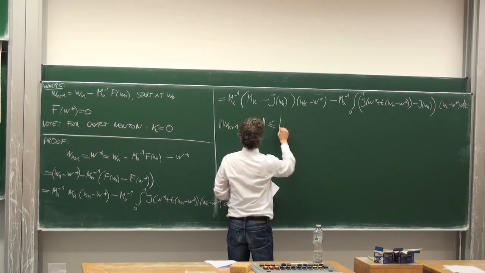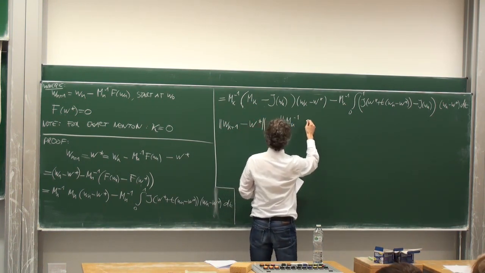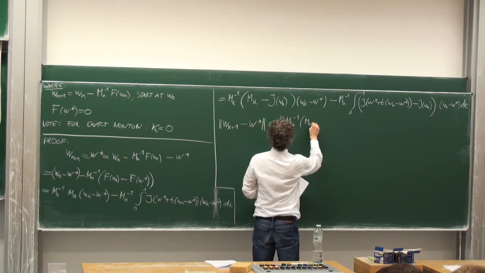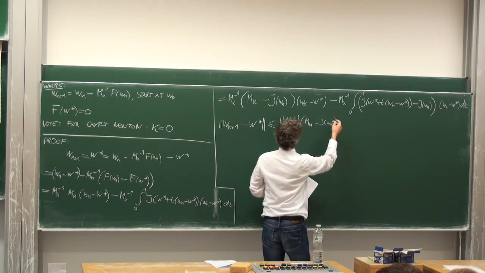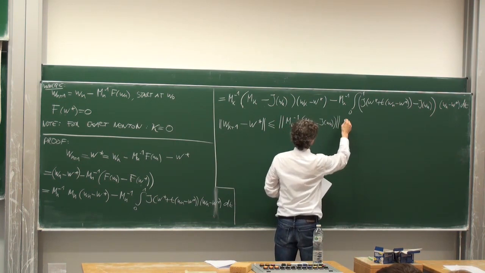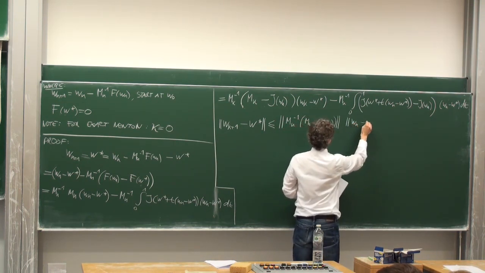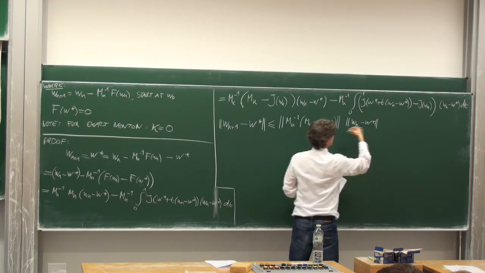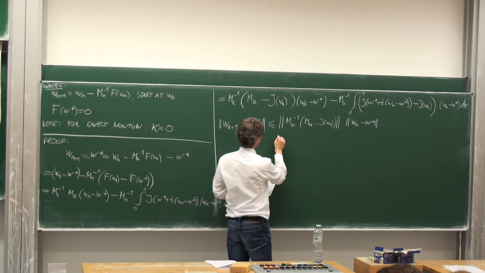The step in between is that I take here mk to the minus 1 times mk minus j wk, and I pull this out. It's not necessary, but I do it. So the first term here is already this thing. Now I've taken the norm of the first term, and then I take the norm of the second term.